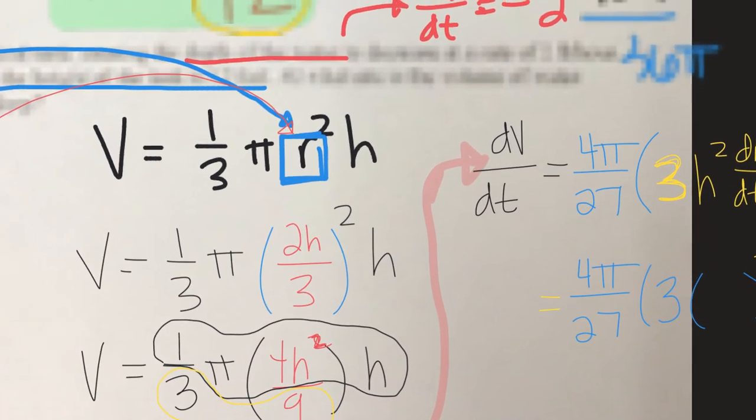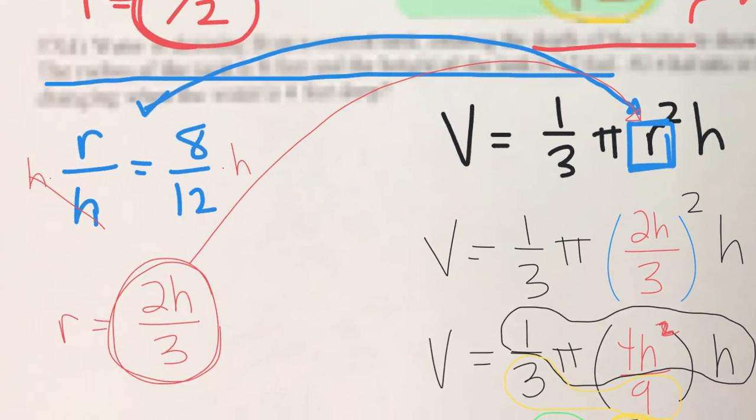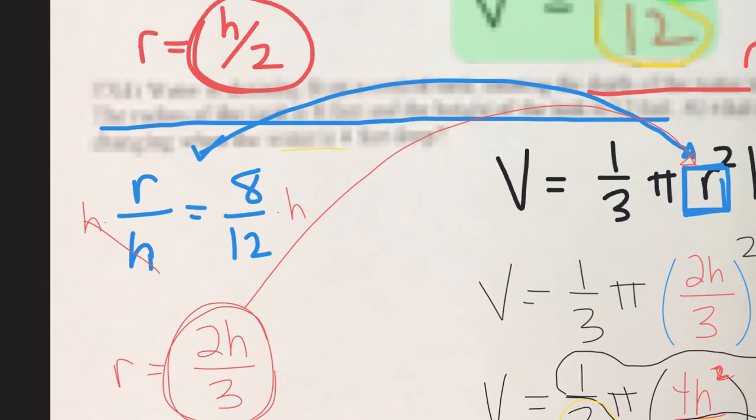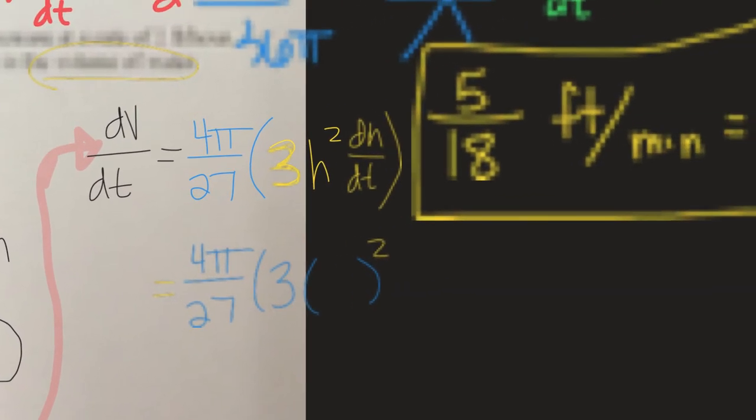At what rate is the volume of water changing when the water is 4 feet deep? We're asked for what's going on when the water is 4 feet deep. So that is the height that we are plugging in. And our rate of change was -2.